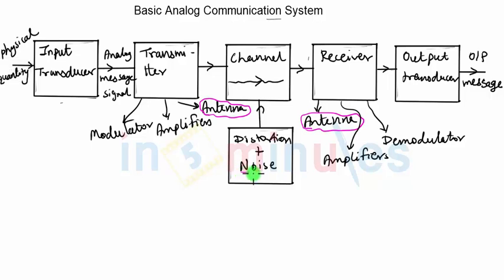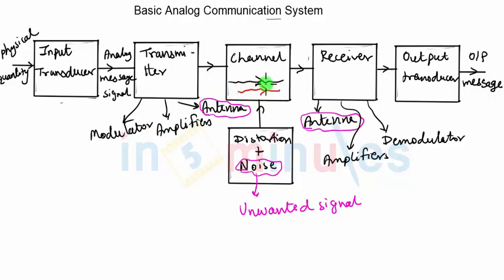Noise, as of now, can simply be termed as any unwanted signal. So at any given point of time in the channel, there are two types of signals. One is my actual information signal, and one is the signal that gets added to my original signal. Now this signal which gets added, from where it comes and why it gets added, we'll discuss that later on.